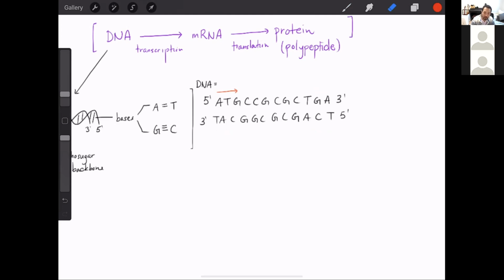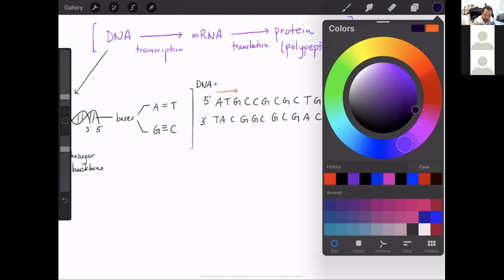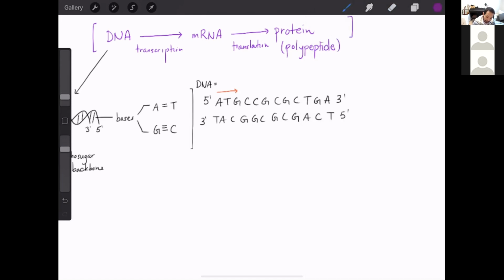And that information is what is going to be used to create a polypeptide. So if this top strand right here is the one that contains the information, typically we would refer to this as the coding strand.